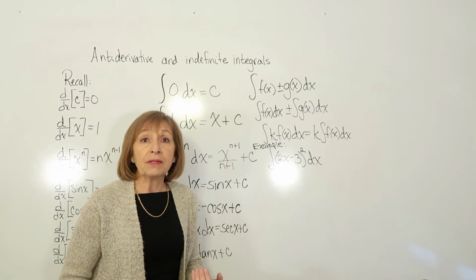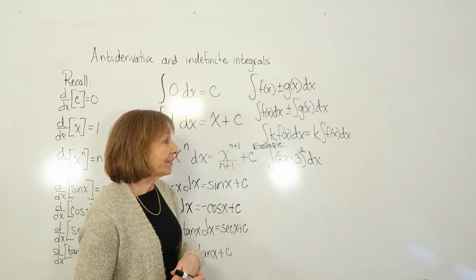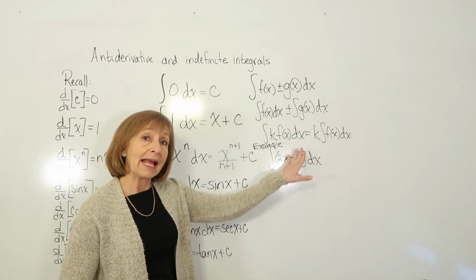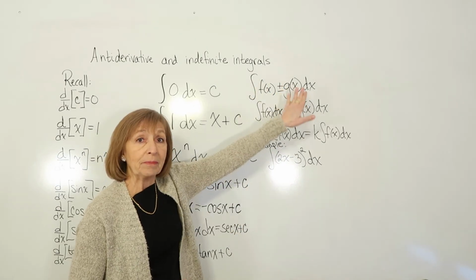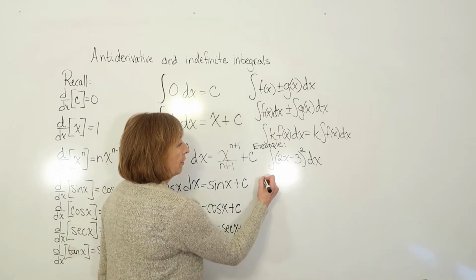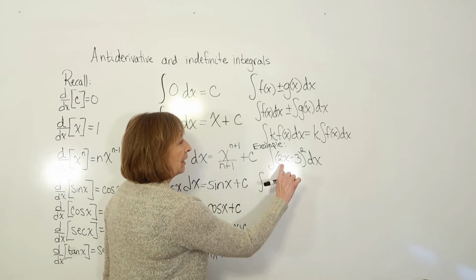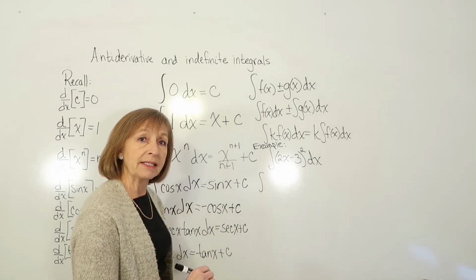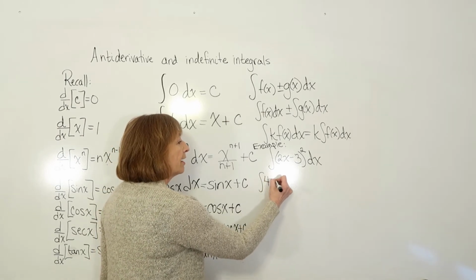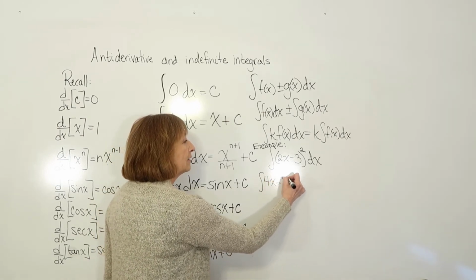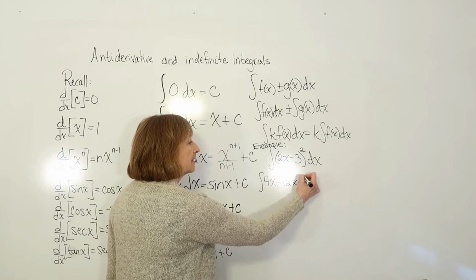So what I need to do at this point is actually multiply out this binomial so that I get it to be term by term. So we are going to still have the integral, and when you multiply out (2x minus 3) times (2x minus 3), you get 4x squared minus 12x plus 9.